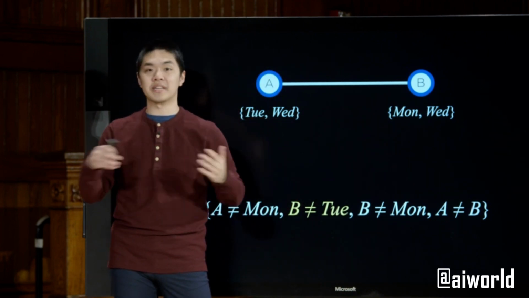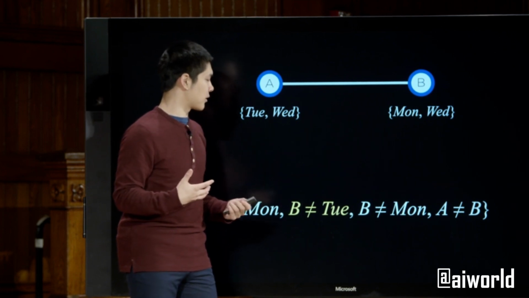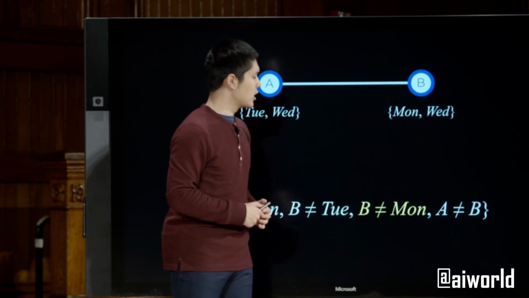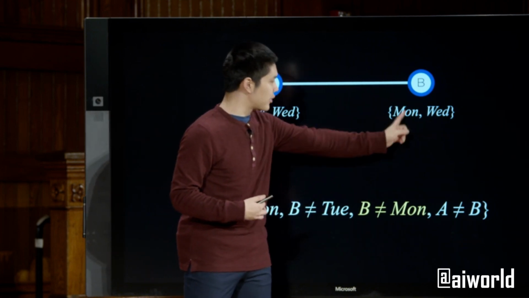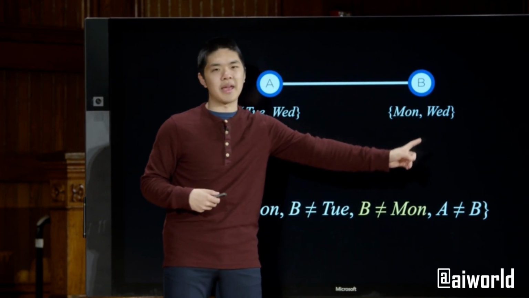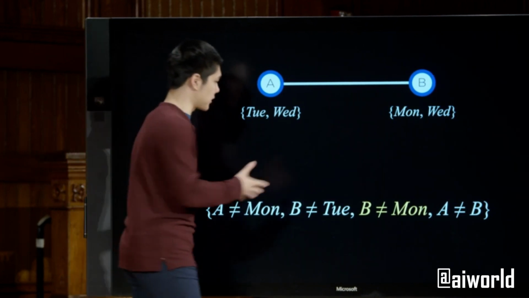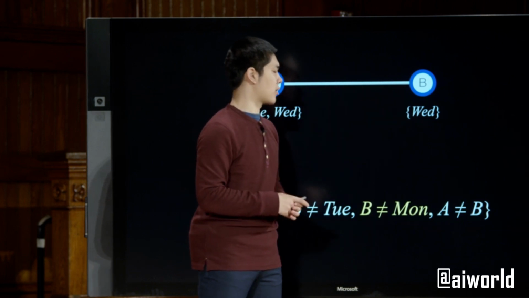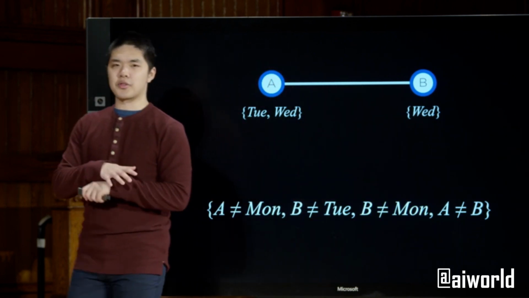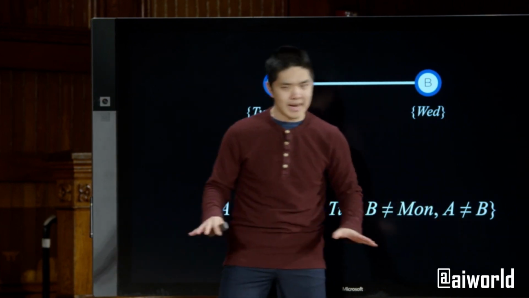Now B's domain only contains Monday and Wednesday, but as it turns out, there's yet another unary constraint that we placed on the variable B, which is here. B is not equal to Monday. That means that this value, Monday, inside of B's domain, is not consistent with B's unary constraints, because we have a constraint that says that B cannot be Monday, and so we can remove Monday from B's domain. And now we've made it through all of the unary constraints. We've not yet considered this constraint, which is a binary constraint.